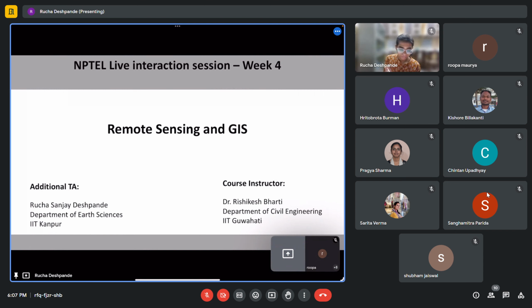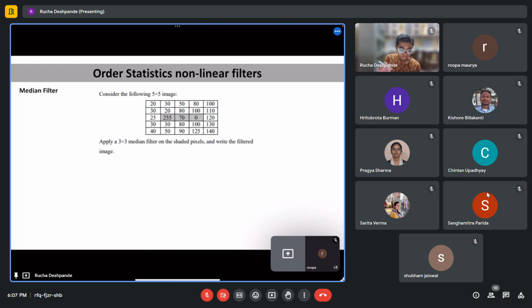In the last class, we talked about how spatial filters can be of two types: smoothing and sharpening.